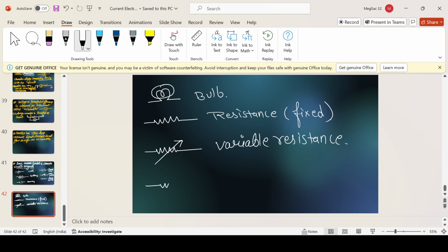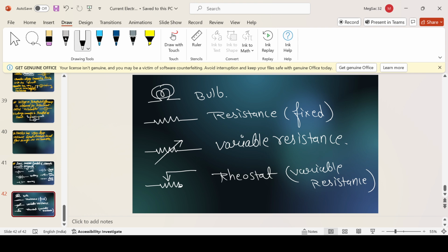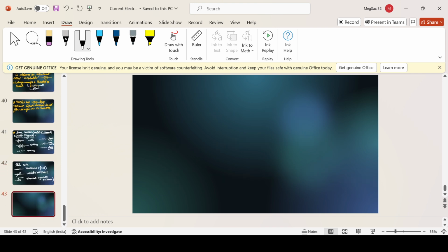Then we have another variable resistance like this one, called a rheostat, which is also a variable resistance. Okay, clear everyone? Yes, sir.